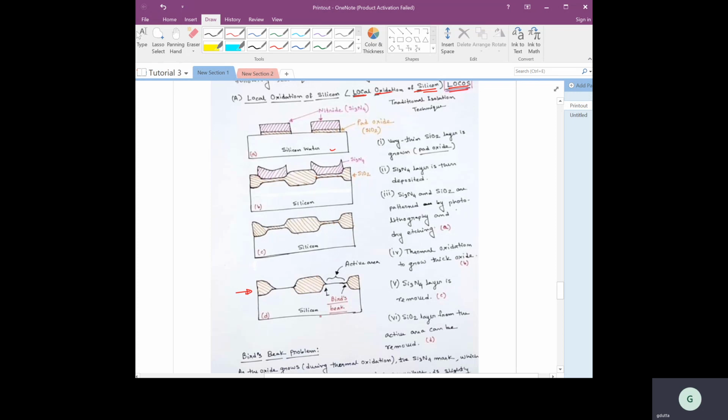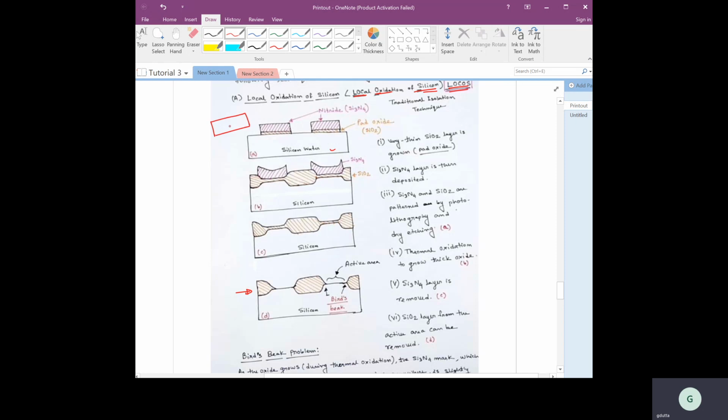You recall this is the structure that we used in one of our earlier cases to start with. We started from here and then fabricated the self-aligned NMOS. Now we will see how to get this structure from a p silicon wafer. So suppose we have a p silicon wafer.